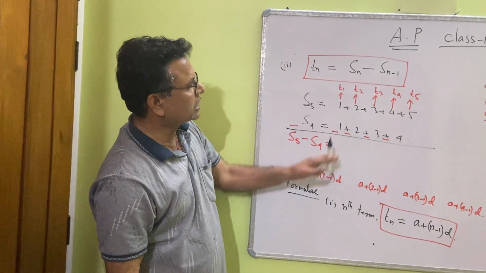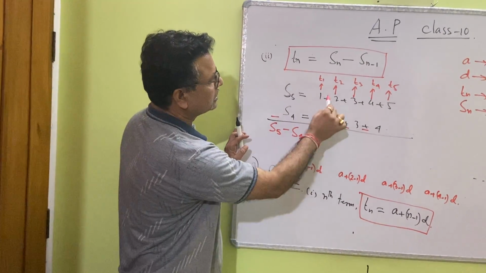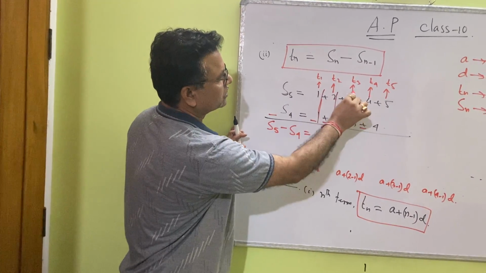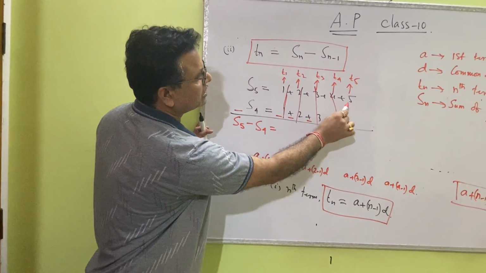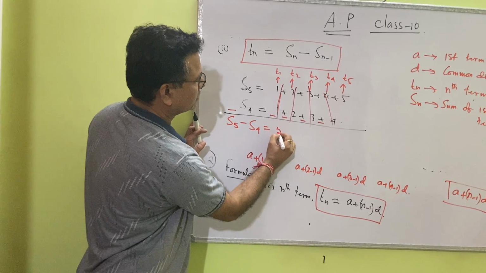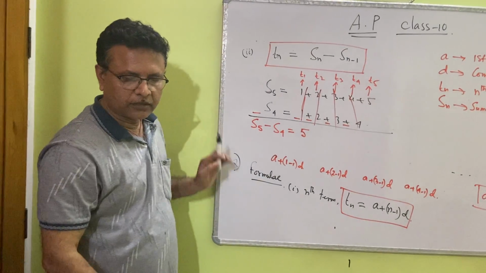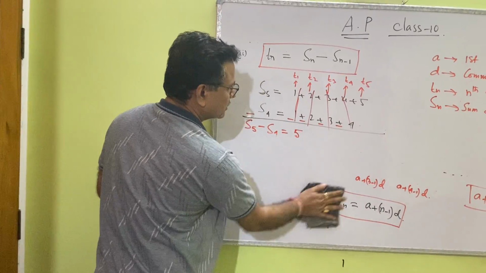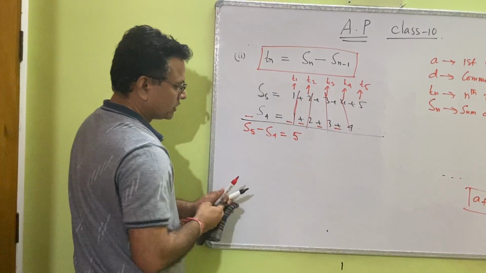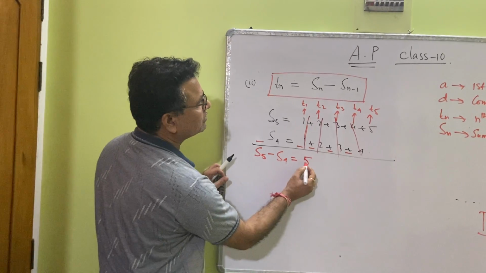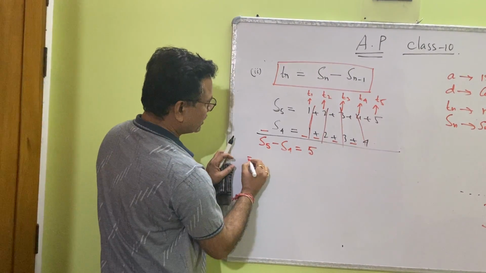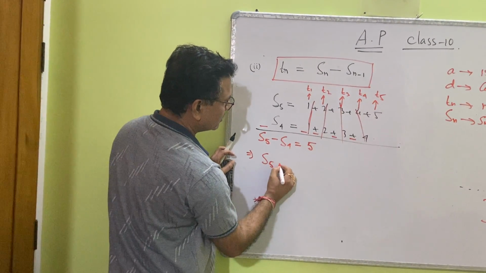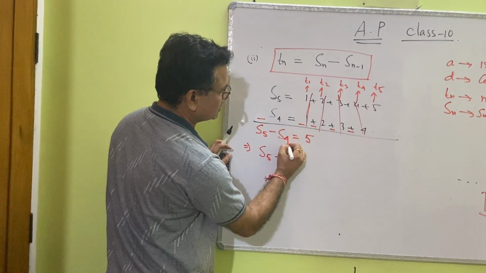See, if I subtract it, then 1 cancels, 2 cancels, 3 cancels, 4 cancels. So what is left? Only 5. Now I can say this 5 is nothing but T5. So I got S5 minus S. See, what was it?